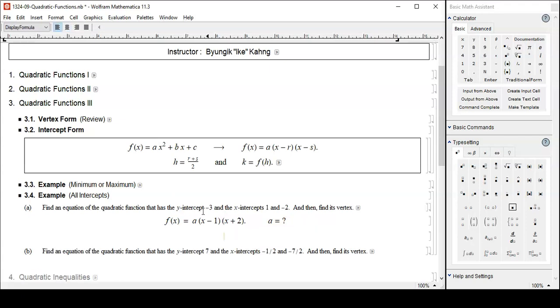How do we apply y-intercept -3? Well, y-intercept is the y-coordinate value when x is 0, so -3 is actually f of 0, which is a times 0 minus 1, 0 plus 2, and that's -3.